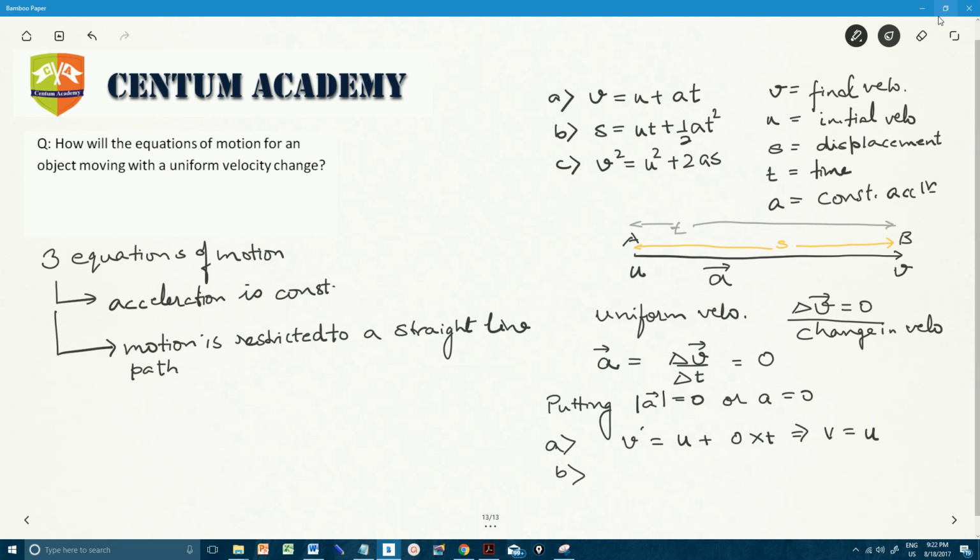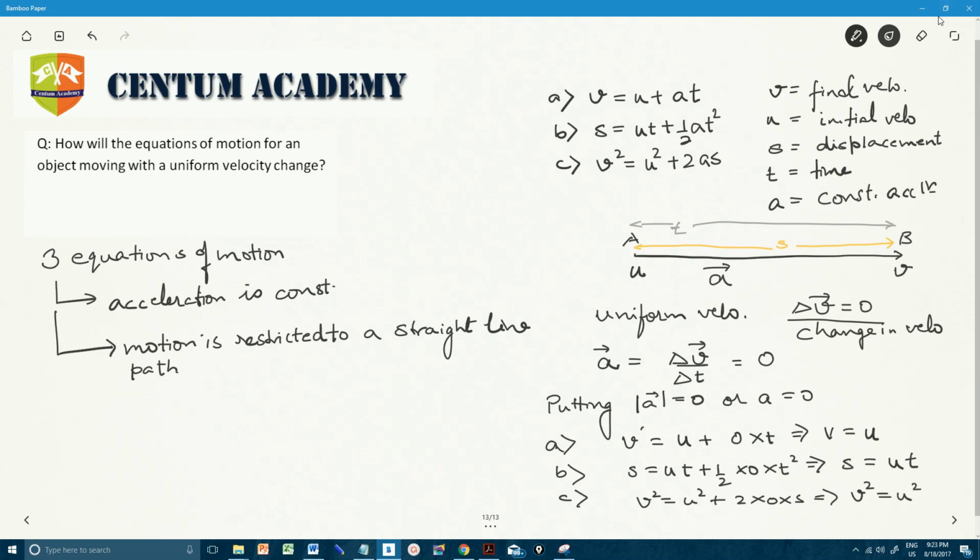B will become s is equal to ut plus half into 0 into t square, that means s is equal to ut. And C, v square is equal to u square plus 2 into 0 into s. This implies v square is equal to u square.